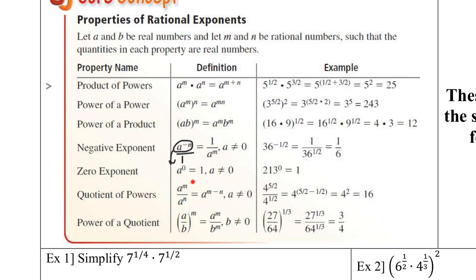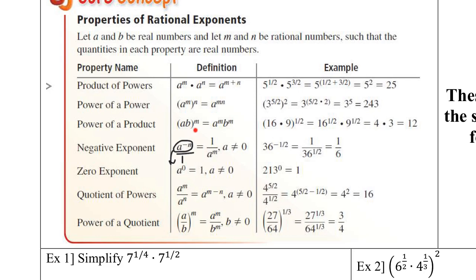When you have division, you have the same base divided with exponents. You're going to subtract their exponents from each other in the order of numerator minus denominator. If this ends up being negative, you're going to place the result in the denominator of your fraction. Last thing, power of a fraction.